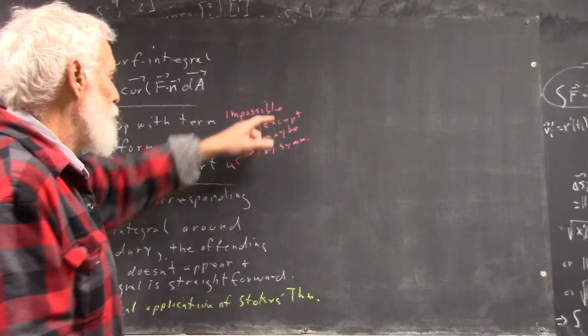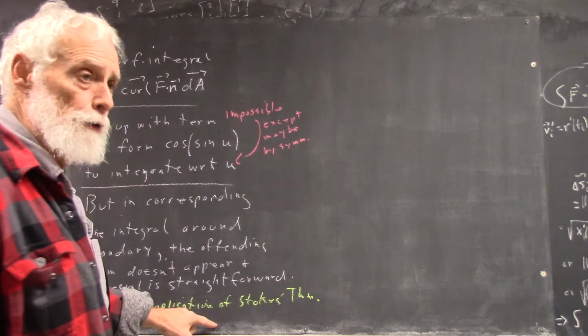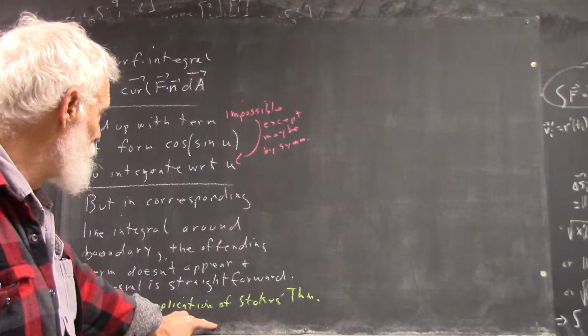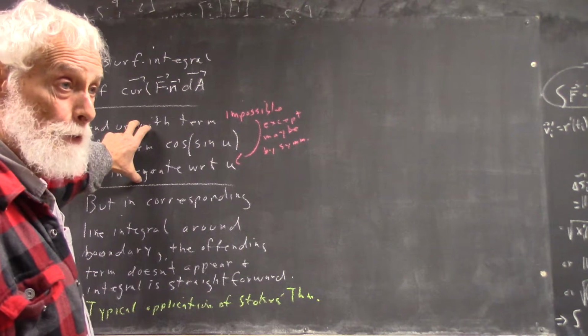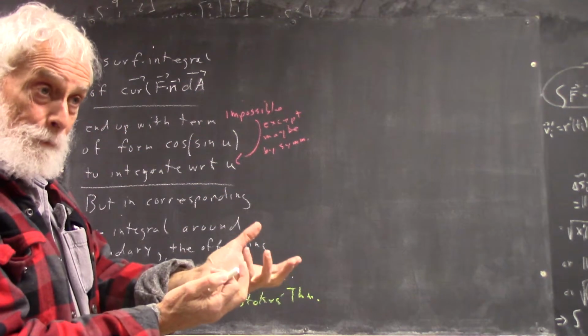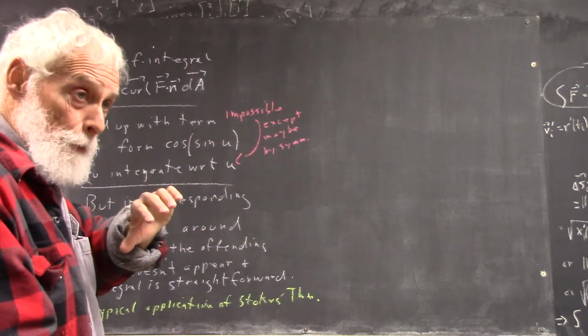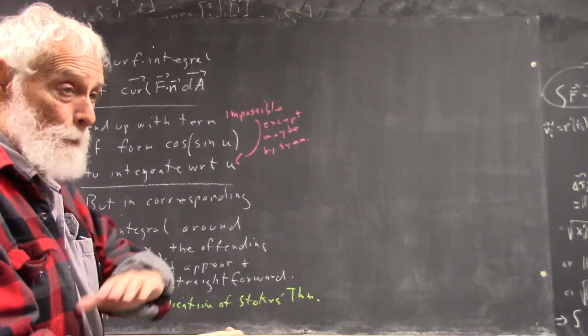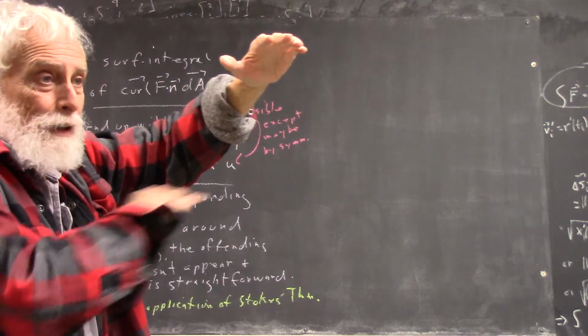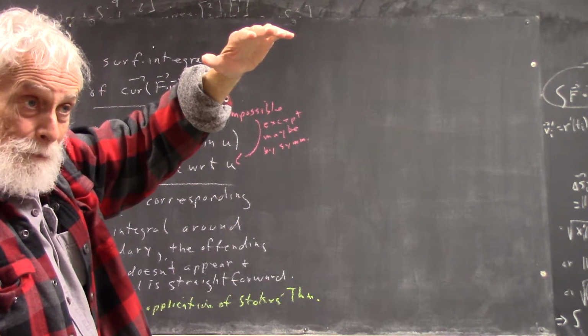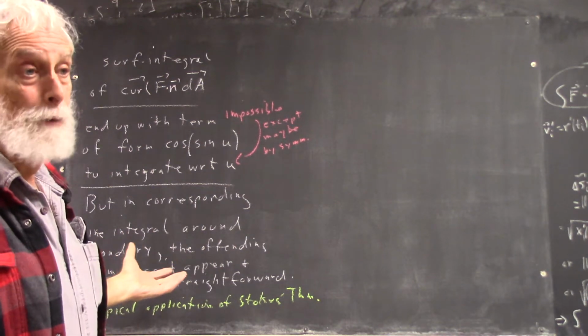And the only reason I mention that is because this integral is 0, and that often indicates that there's some sort of symmetry in the surface and the function. Like the surface in this case is a hemisphere, okay? Over the top of the hemisphere, you might get equal and opposite expressions to what you have over the bottom, and symmetry causes it to be 0.